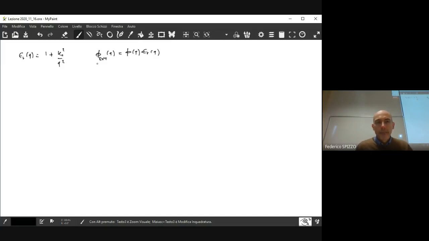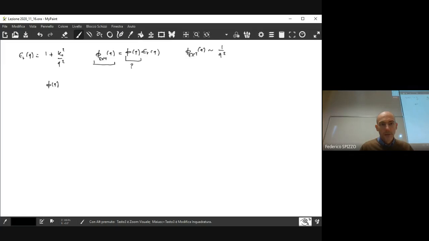At this point, the external potential in the Coulombian approximation, so phi external, is proportional to 1 divided by q squared. The idea is to find the actual value of the potential in the system.